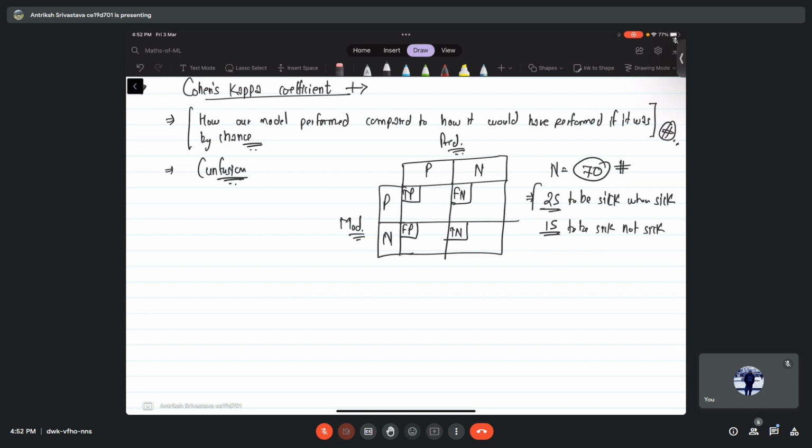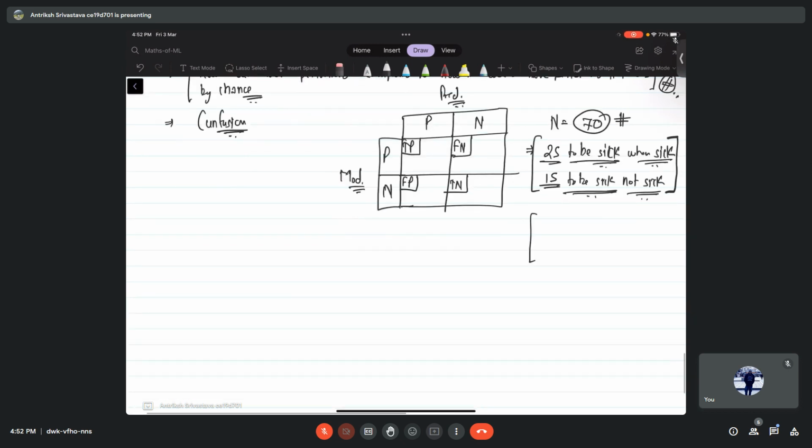So our model has told these people are sick, that they are affected by some kind of problem, when they are actually suffering that and when they are not suffering that. And our model told that 10 people were not sick when they were actually sick, and that 20 people were not sick when they were not suffering from any illness.